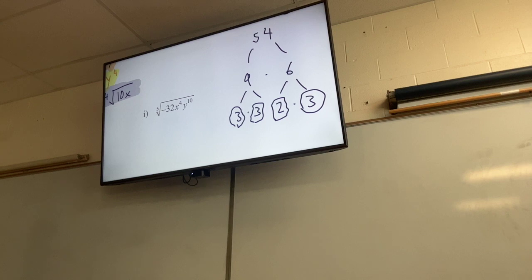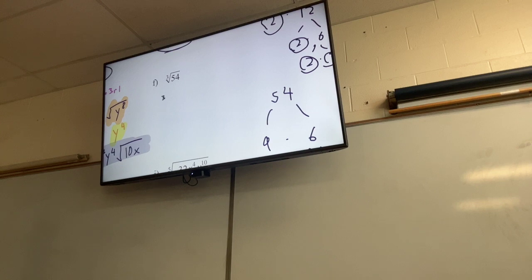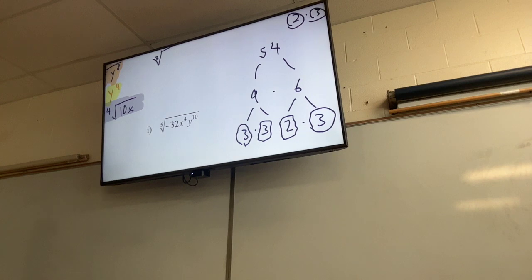Okay, so I did the prime factorization of 54, I did the Christmas tree thing. So I can rewrite the cube root of 54 as the cube root of 3 cubed times 3, right?